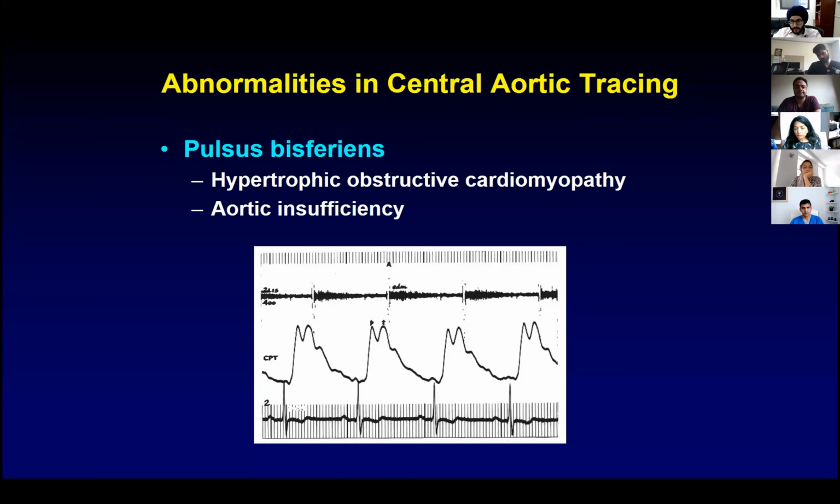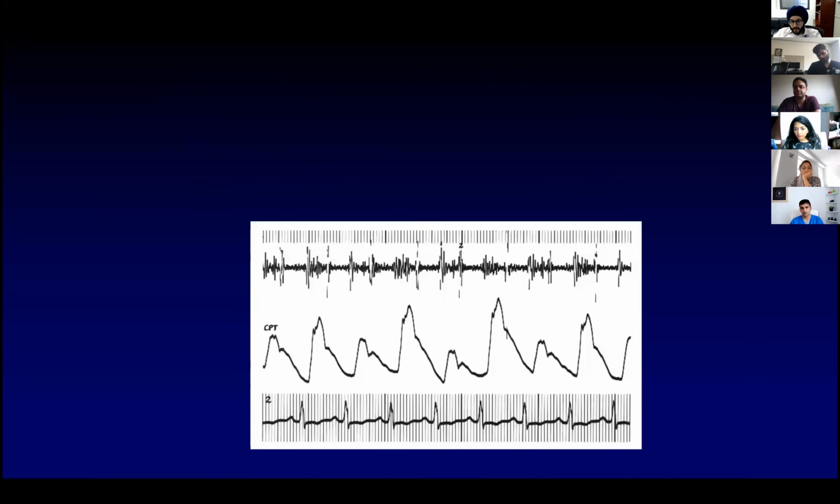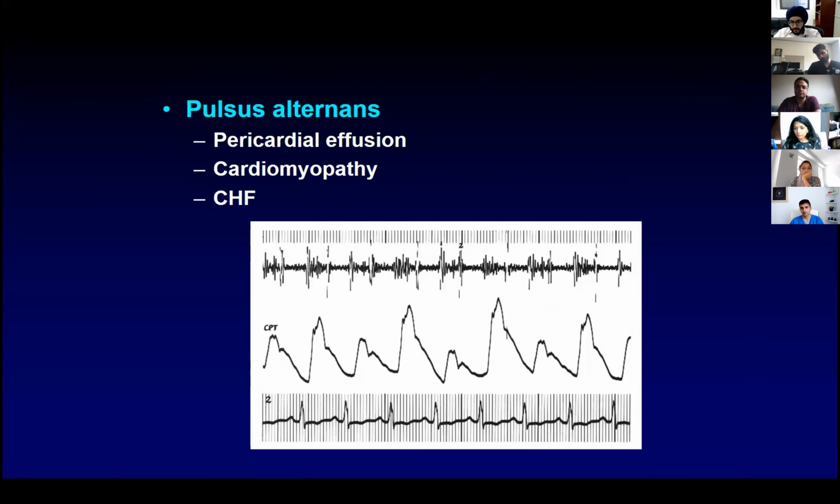So you could see this in hypertrophic obstructive cardiomyopathy and aortic insufficiency. Here you can see that every other beat is smaller, right? This is called pulsus alternans. You could see this in tamponade, advanced cardiomyopathy. Okay.